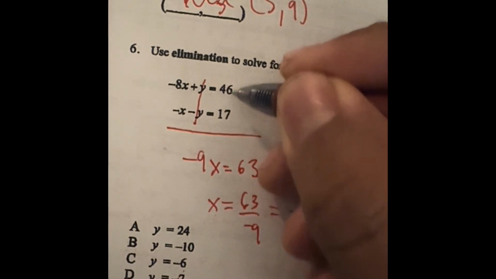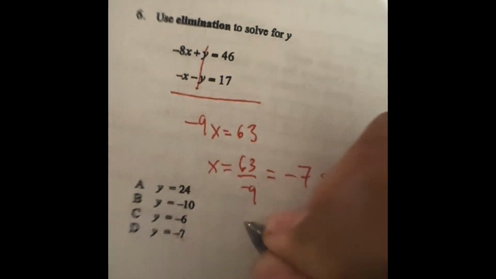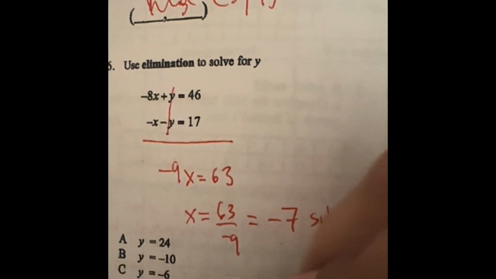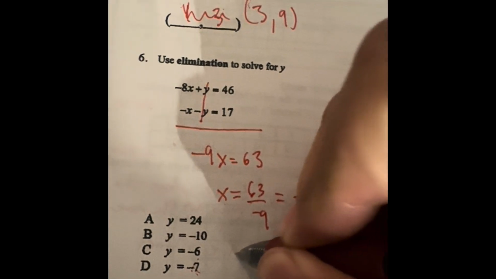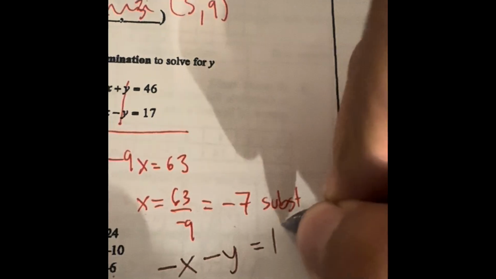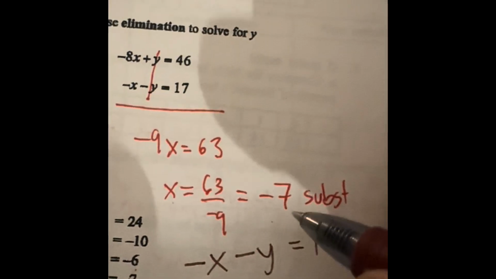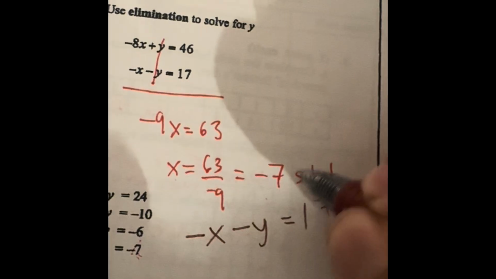So again, pick one of the equations. In this case, I think the second one would be easier to use. So we get negative x minus y is equal to 17. And we're going to go ahead and substitute the value of x with negative 7.